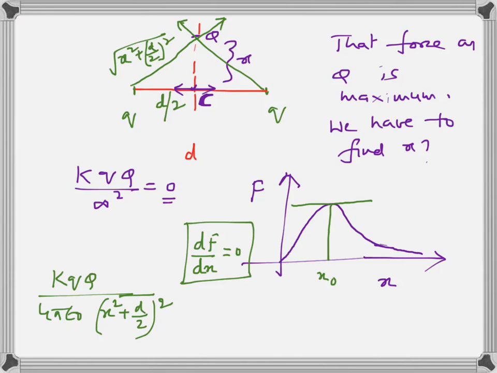But we must take only the vertical component of this force. Okay, we must, because when we add, horizontal components cancel. So I must take only the vertical component, cos theta. Clearly cos theta is given by adjacent by hypotenuse. So cos theta is given by x by root of x square plus d by 2 whole square.